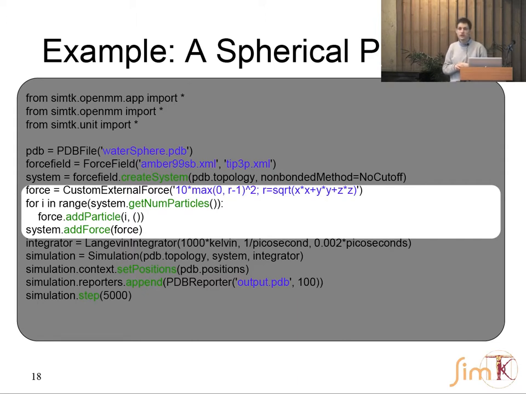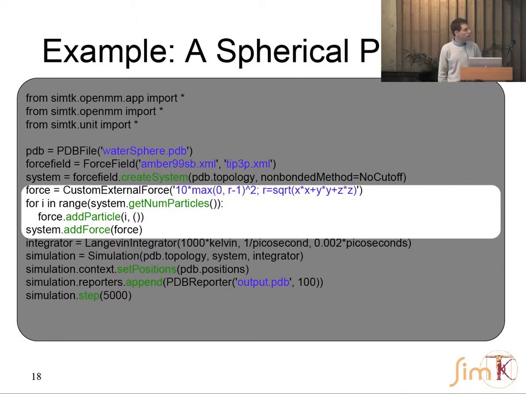So custom external force can be applied to as many or as few particles as you want to, and it just depends on your application. In some cases like this, we want to apply it to every single particle, and so we'll call add particle for every particle. In other cases, you might want to apply it to only one particle or only a few particles.